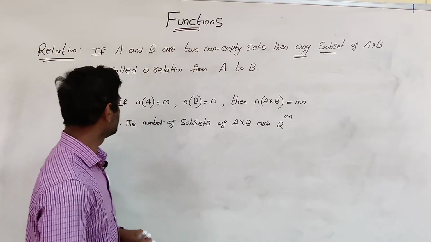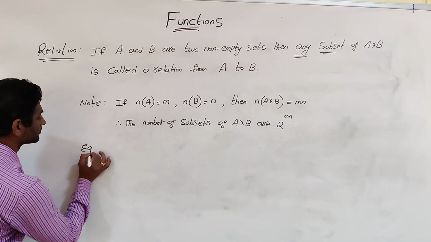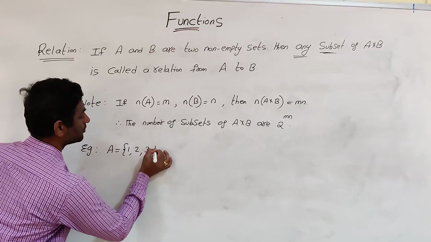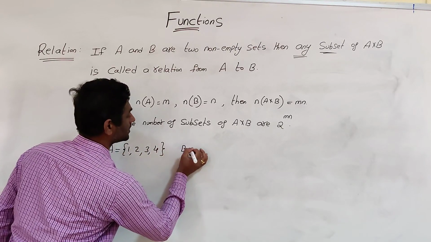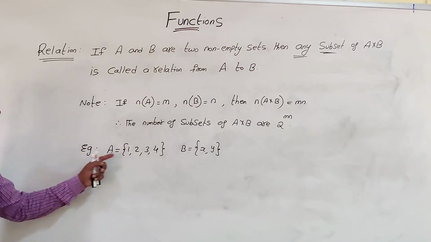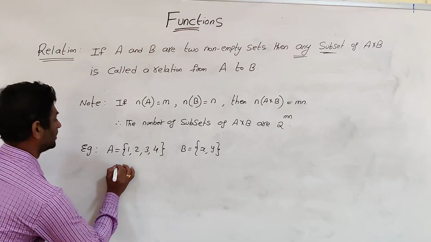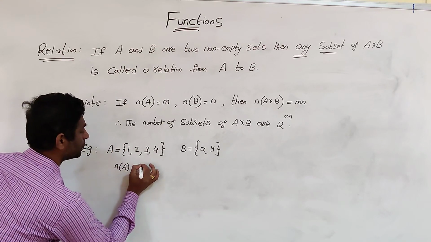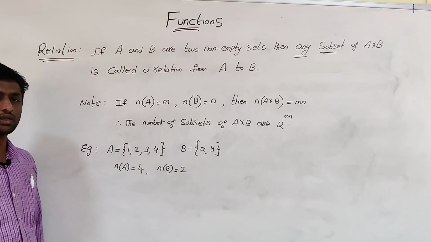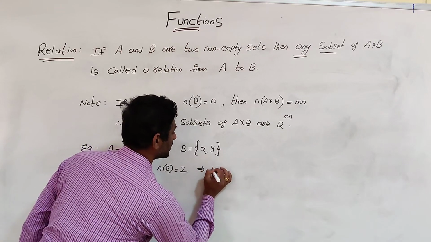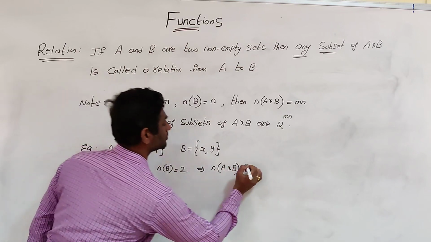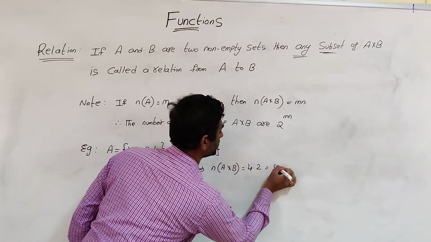Similarly, one more example. If A is equal to {1, 2, 3, 4} and B is another set {x, y}. How many elements exist in set A? n(A) is 4 and n(B) is 2. Therefore the number of elements in the Cartesian product is 4 into 2, that is 8.